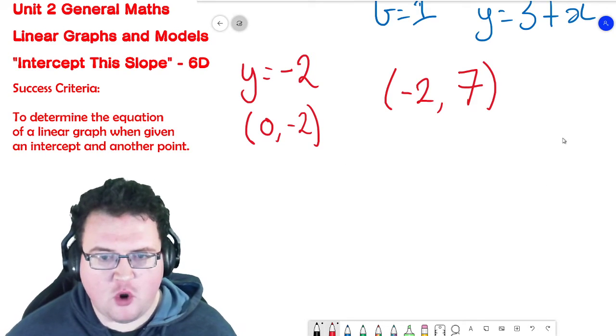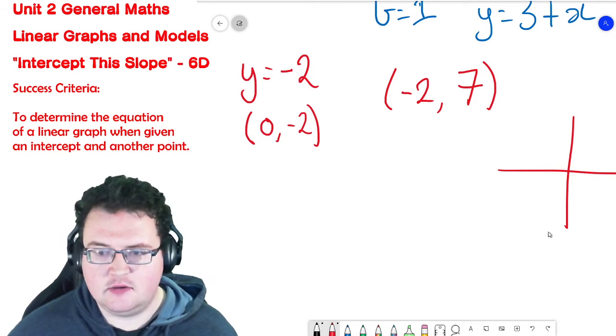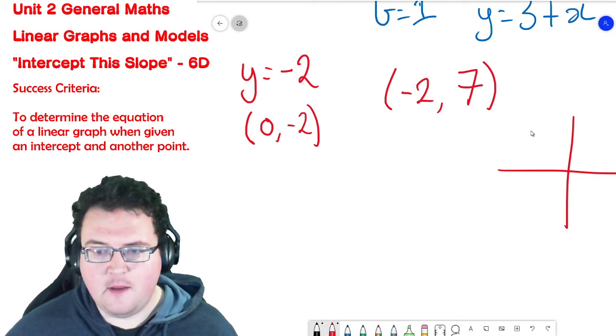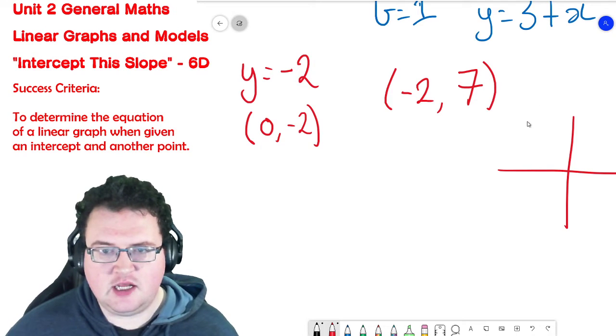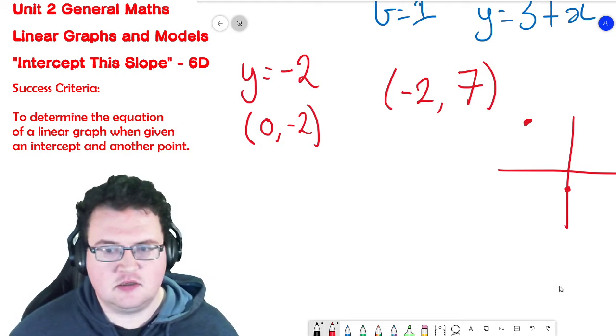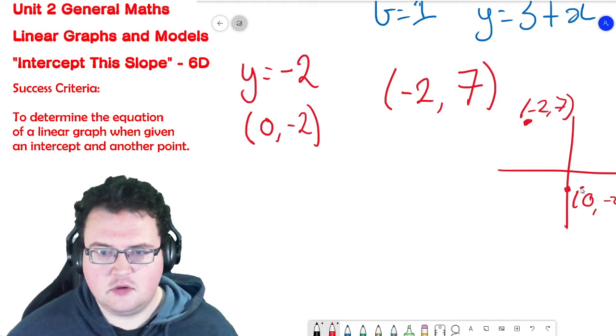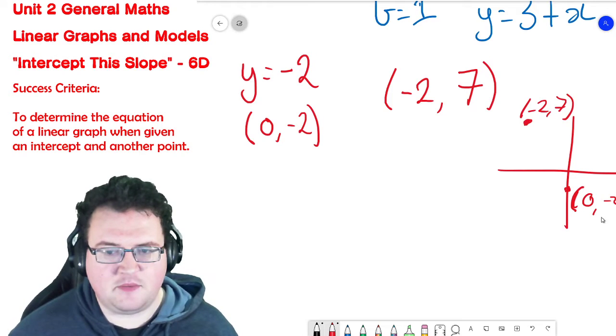I mean if I were to plot them on an axis, which point is where? -2, 7 is going to be up here, and 0, -2 is going to be over here. So which one is on the right? This one over here, 0, -2, is going to be on the right.